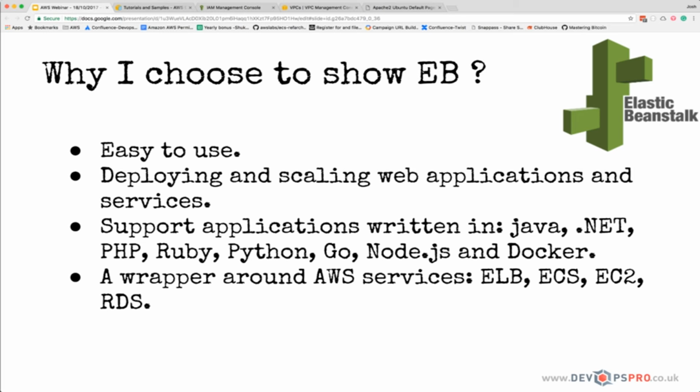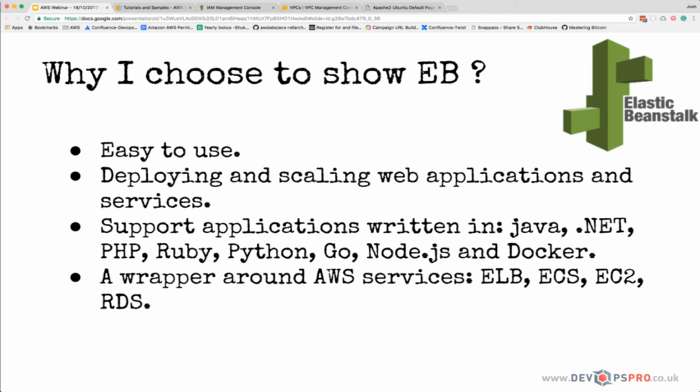It allows your application to be infinitely scalable. So if you have a lot of traffic, it will automatically increase the number of servers that you need. It allows you to deploy to them very automatically and very, very easily. It has support for a wide range of languages like Java, .NET, PHP, Ruby, Python, Go, Node.js, and of course Docker.